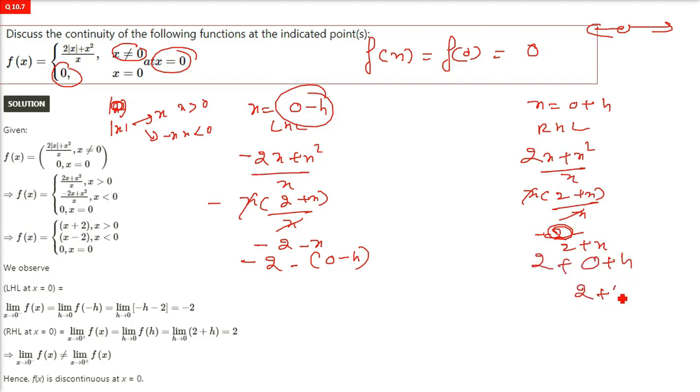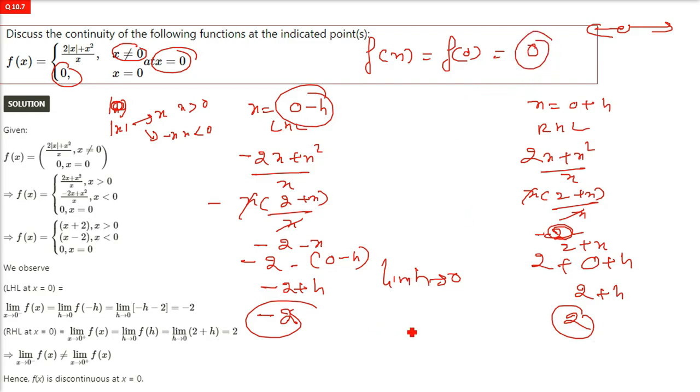So 2 plus h it is, minus 2, and this minus will be plus. Now just say h tends to 0 because h is actually 0. It is negative 2, it is positive 2. So don't worry about the value of the function at 0 because negative 2 is not equal. Okay? It is failing. This is the condition which we know for continuity it should be. So this function is discontinuous at x equals 0.